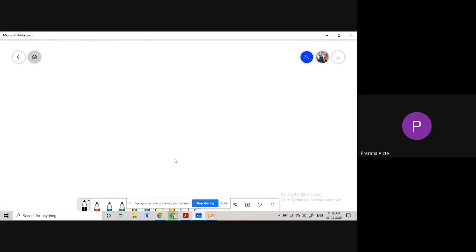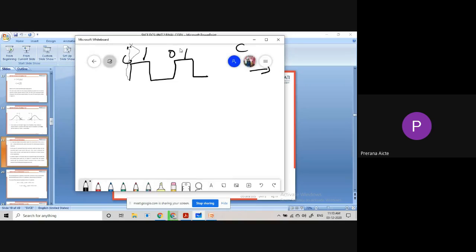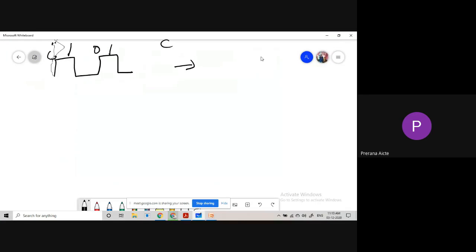ISI is nothing but this. Suppose the data we are going to transmit is a rectangular pulse train of 1, 0, 1, which is passed through the channel. Then we get the data.